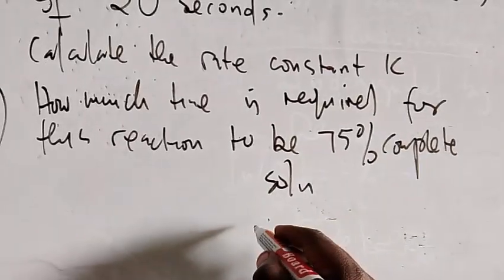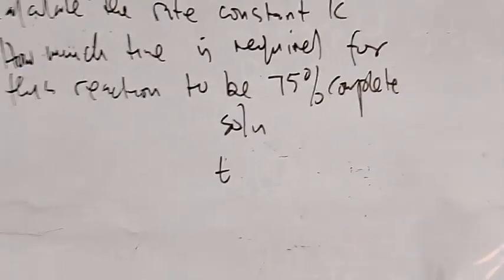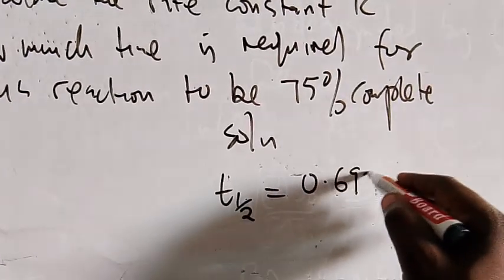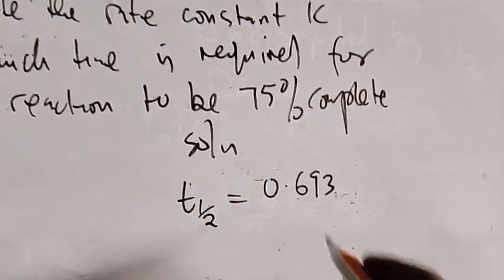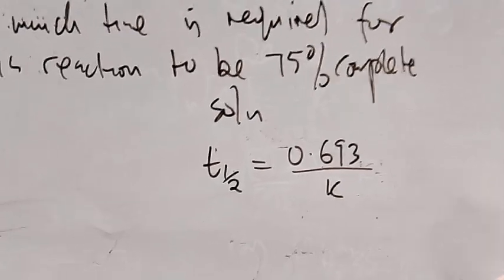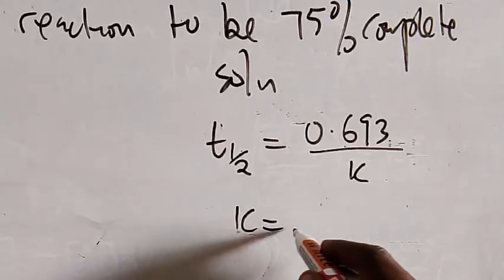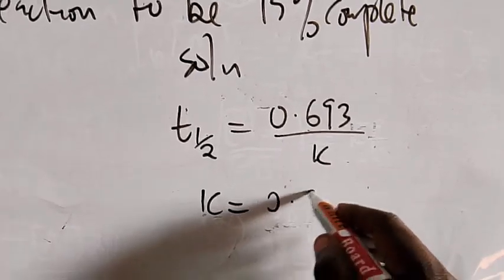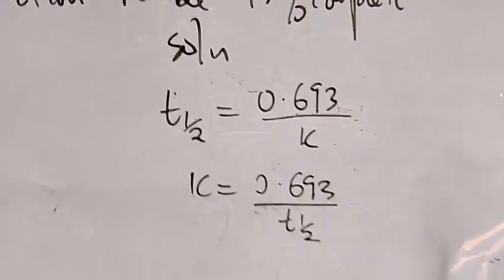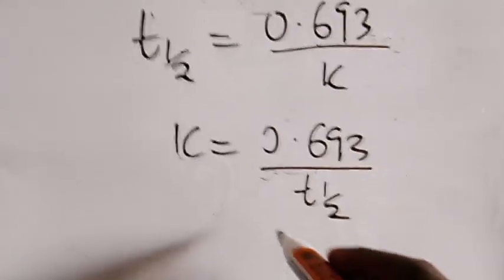Solution. We know that for a first order reaction, half-life is given by T half is equal to 0.693 over K. Let's make K the subject of the formula. So K is equal to 0.693 over T half.